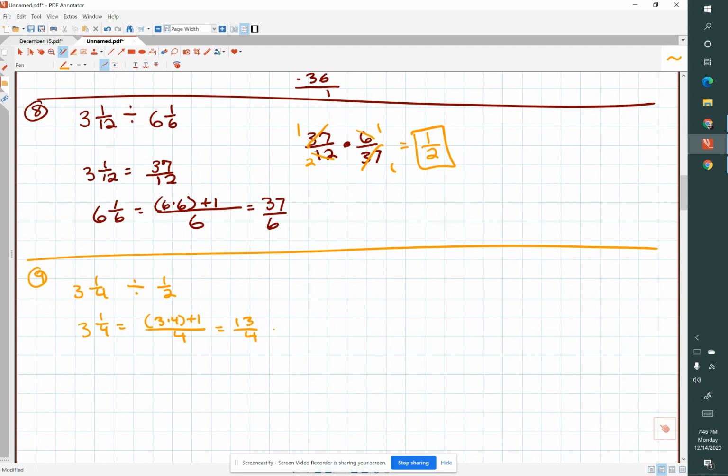Over 4 times the reciprocal of 1/2, which is 2/1. 2 divided by 2 is 1. 4 divided by 2 is 2. So the final answer would be 13/2. And that converts into 6 times 2 is 12, 1/2. So that equals 6 1/2.